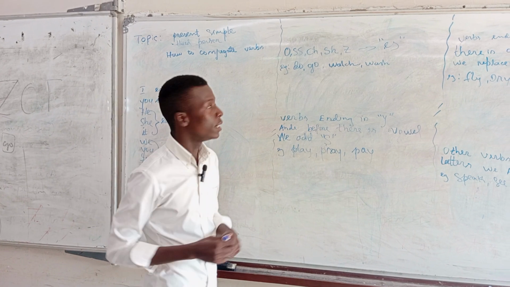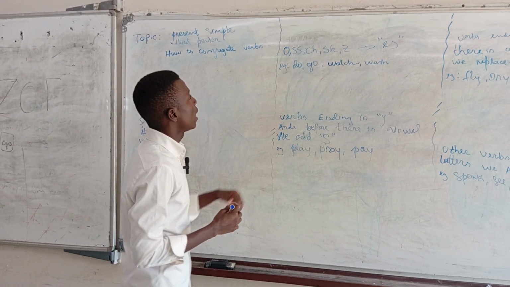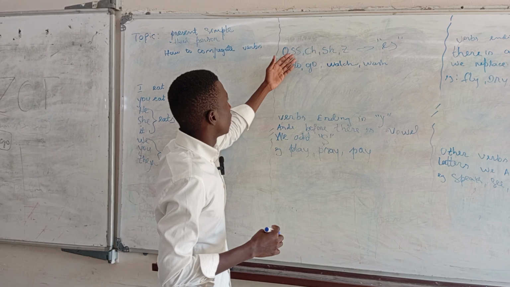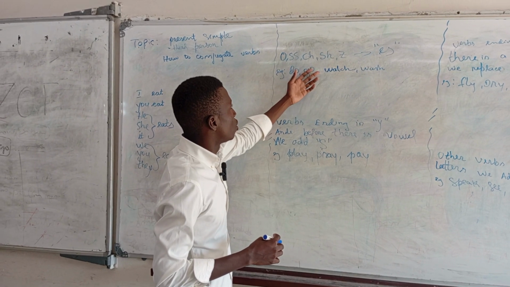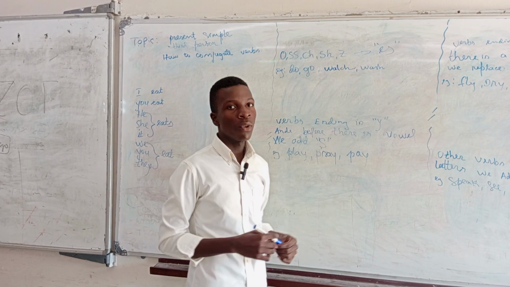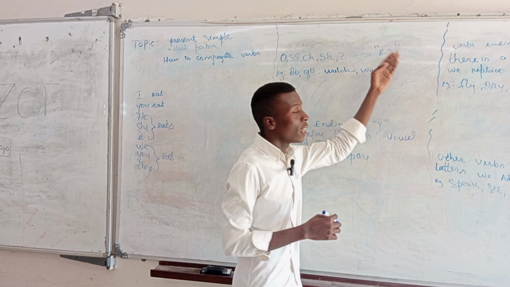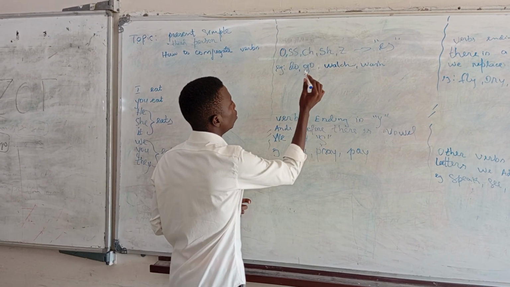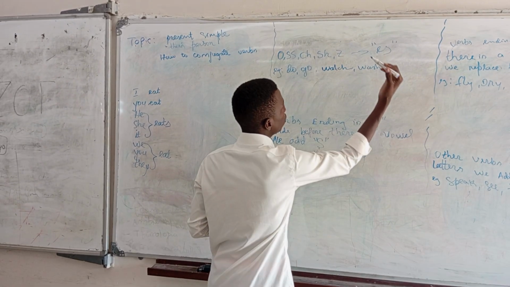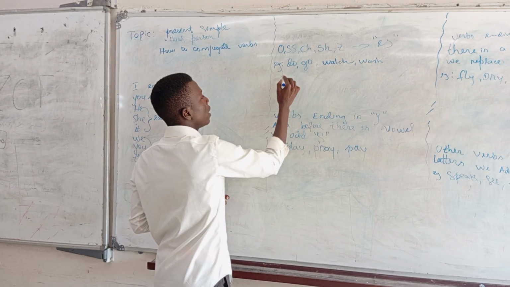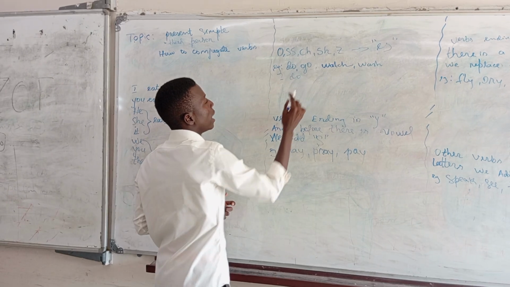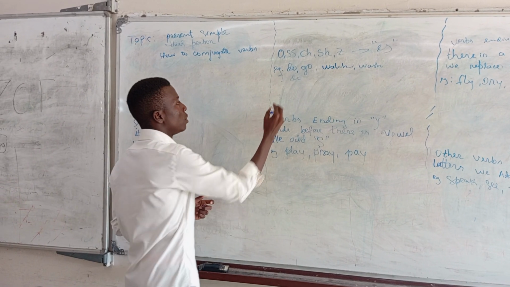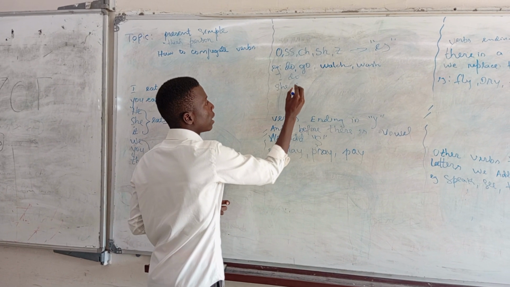The first rule is when the verbs end with o, double s, ch, sh, or z, we are going to add es at the end of the verb. For example, the verbs to do, to go, to watch, and to wash. In the first person, we say I do, and in the third person, we say she does.